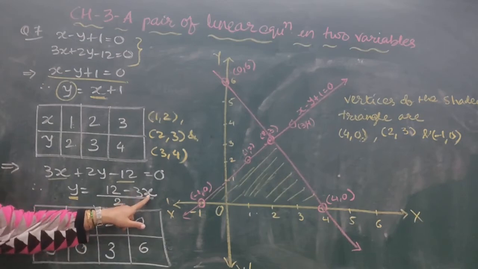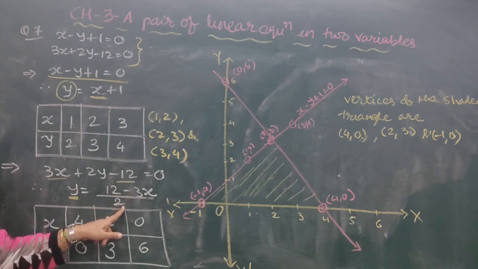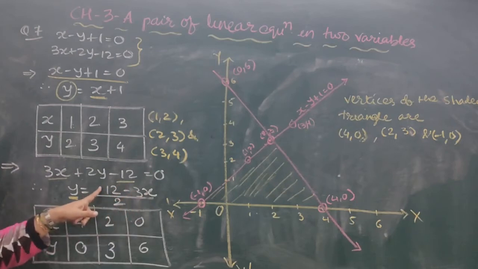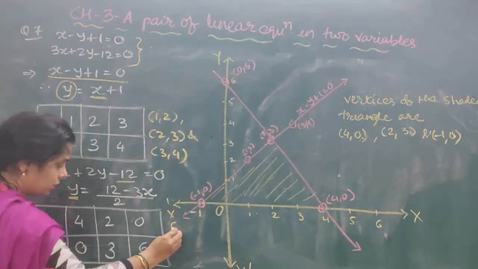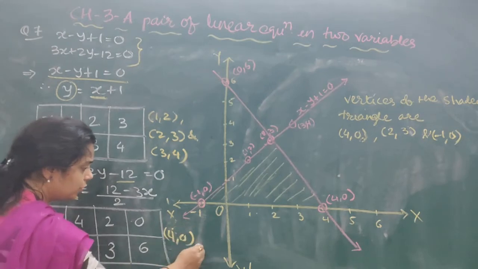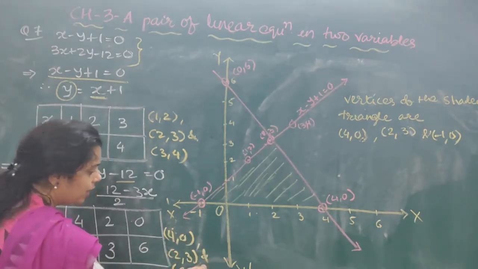Similarly, if I put 2 here, 3 twos are 6. So 12 minus 6 is equal to 6. So 6 by 2 is 3. And if I put 0 here, 12 by 2 is equal to 6. So for this particular equation, I got the points (4, 0), (2, 3) and (0, 6).